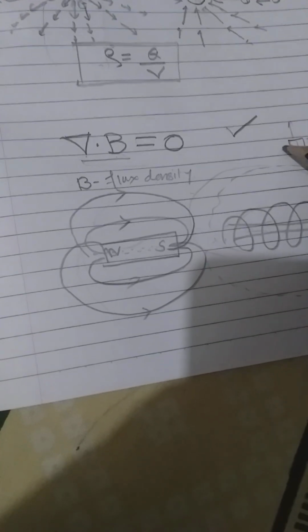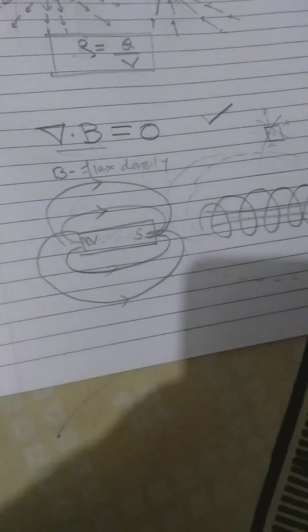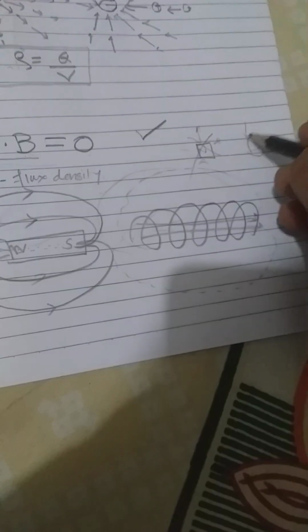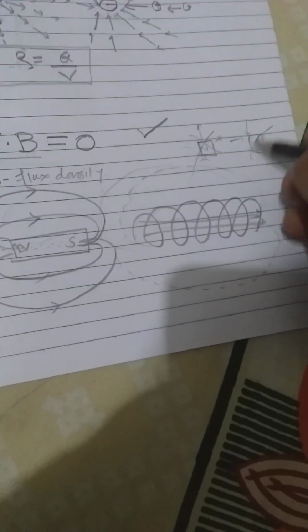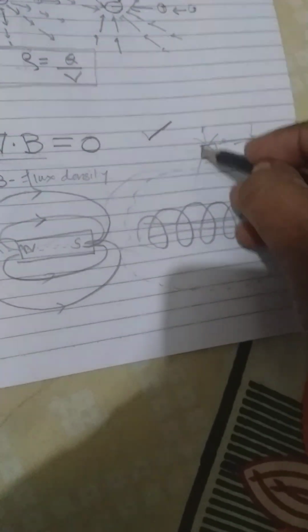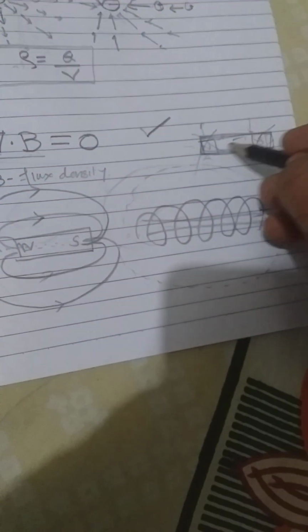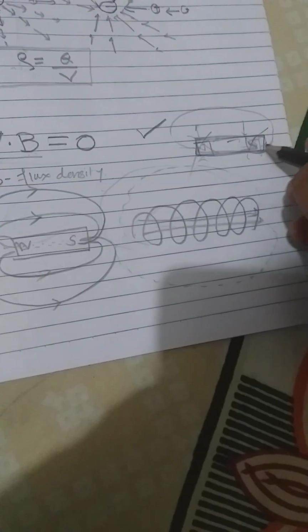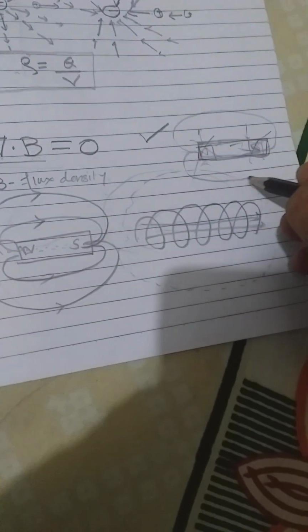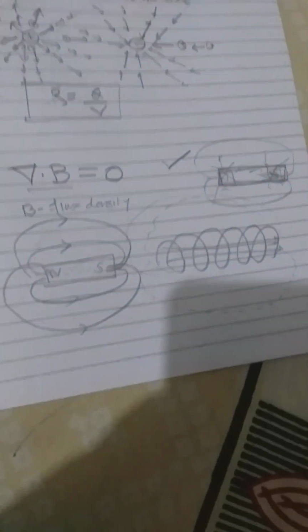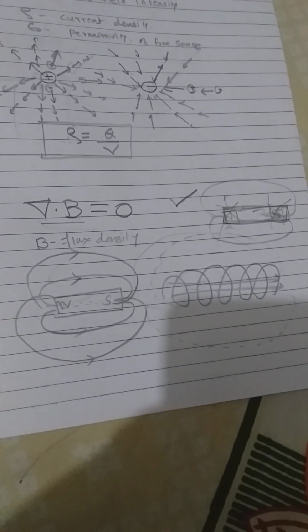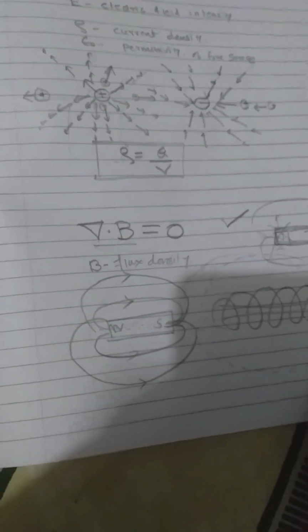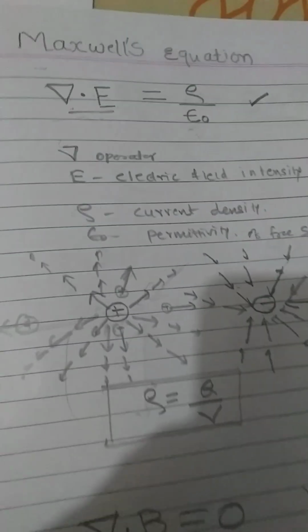The magnetic lines will not be like this, like a positive or negative. They are always in dipole form, and the lines do not spread, but they are curved ones. So these are the four Maxwell's equations, very simple to remember.